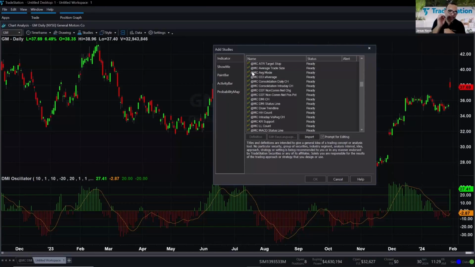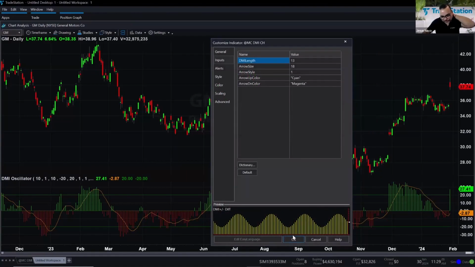And by having that @ symbol at the very beginning, they get sorted towards the top. So they're not sorted in alphabetical order, mixed in with your TradeStation studies. They're kind of separate because of that special character. So @MC, and the indicator name is DMI CH, CH for charting. I'm going to click OK and OK.